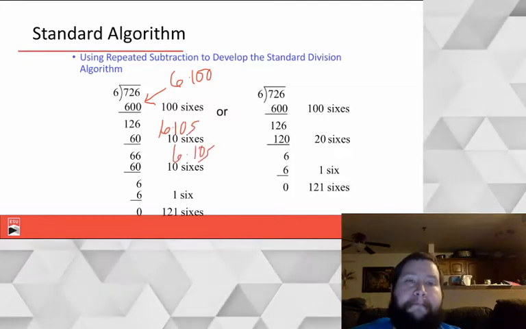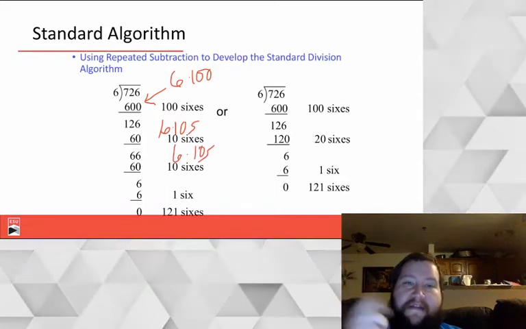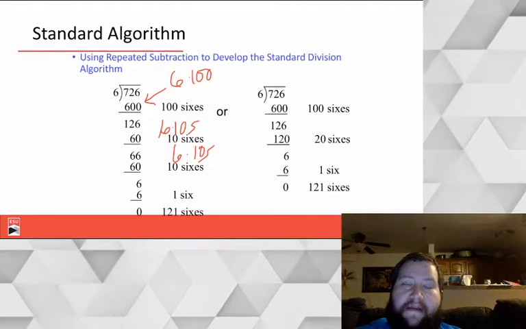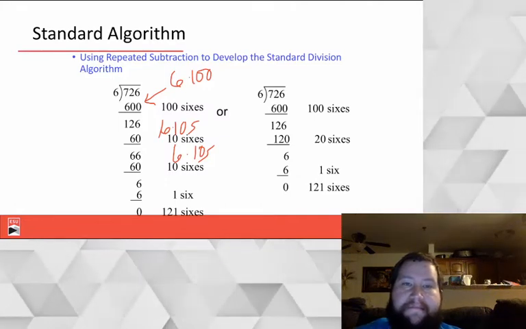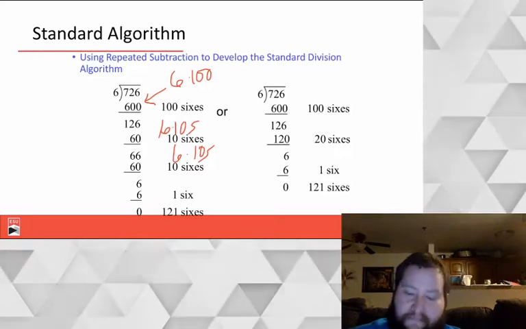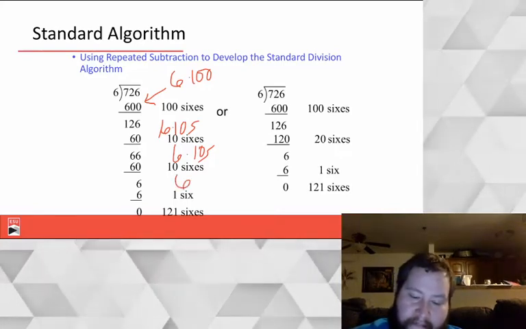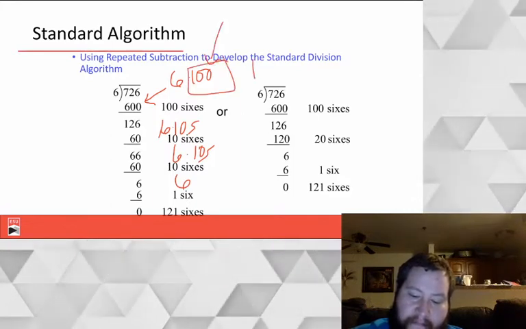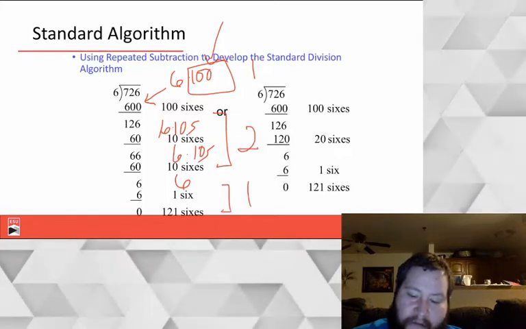So we would have 600. 6 tens, 6 tens, and then we were able to take 6 ones. So that's one of these, two of these, one of these, 121.